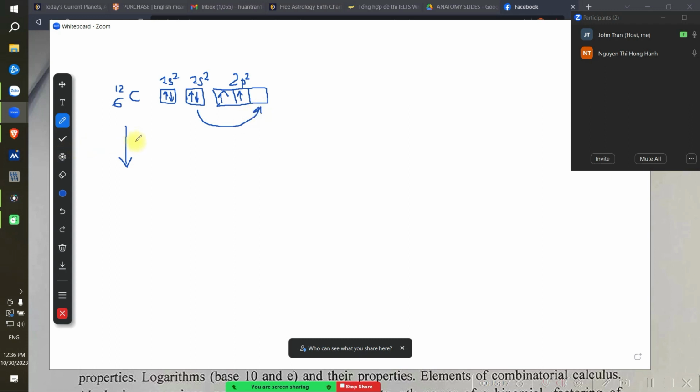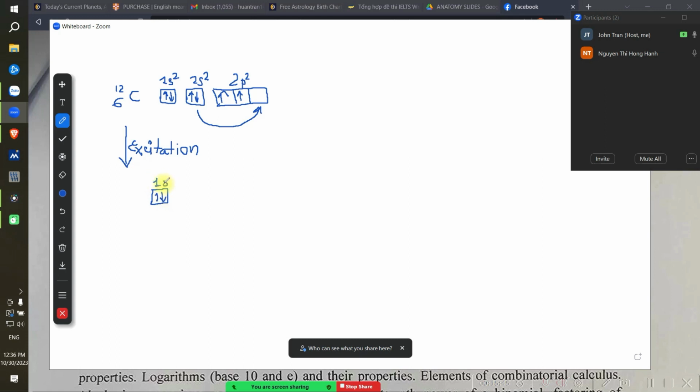It's called excitation. So this carbon will come to the excited state. One electron will have to jump.